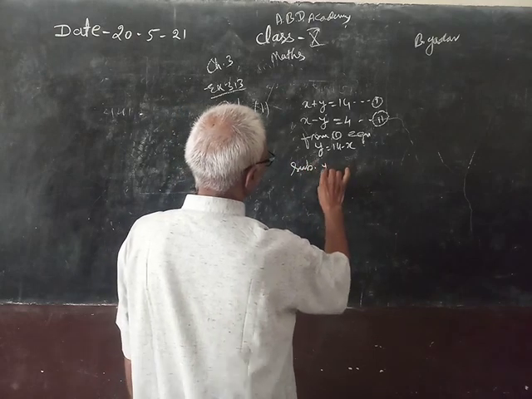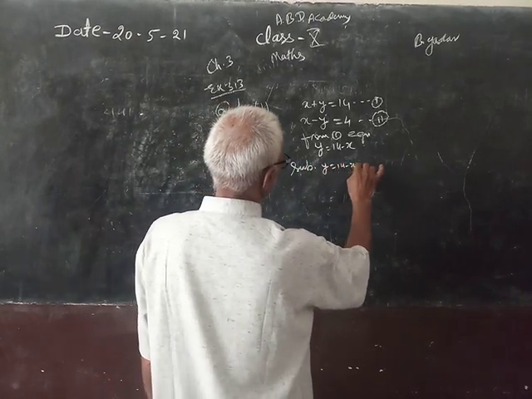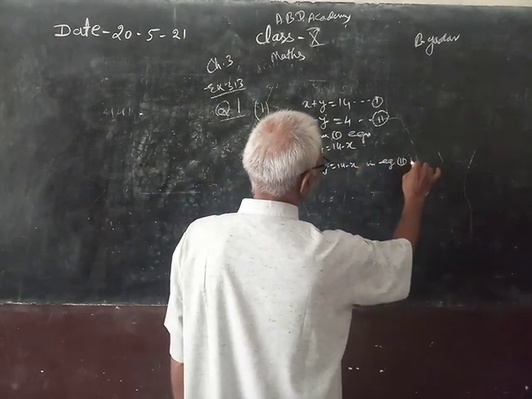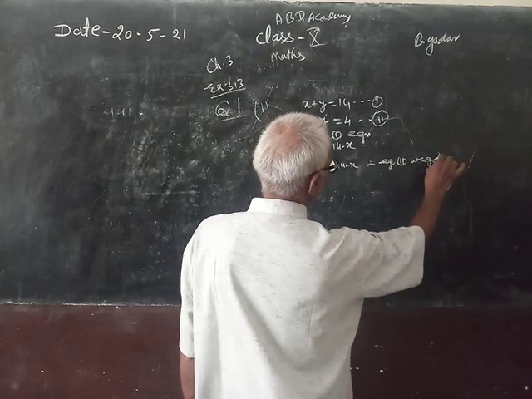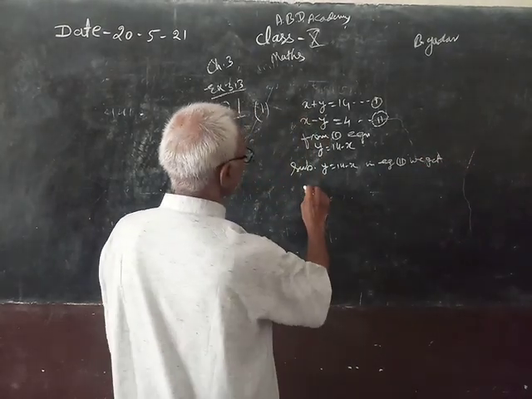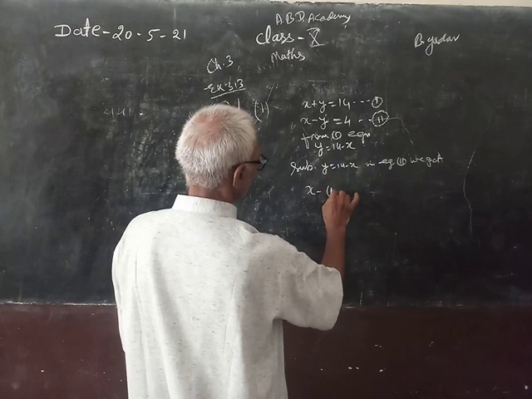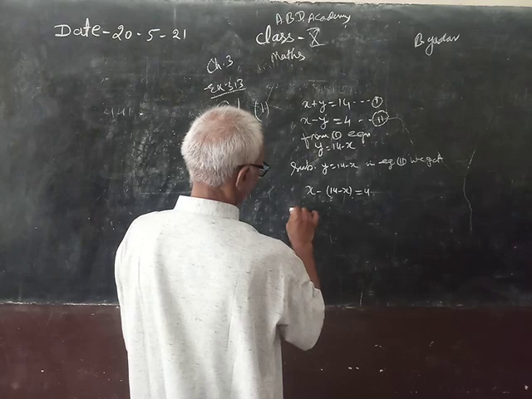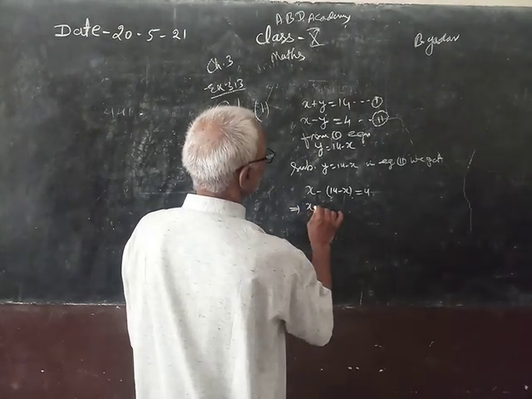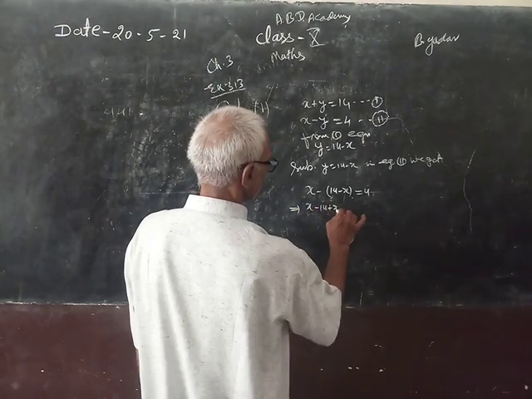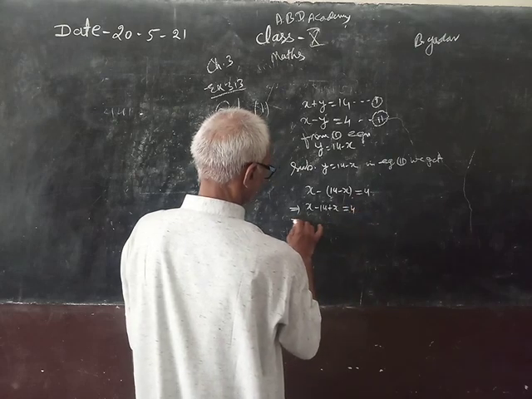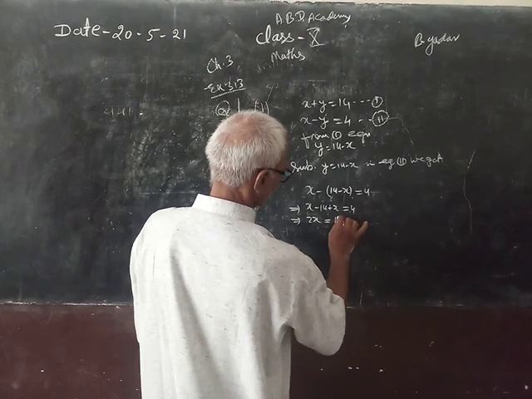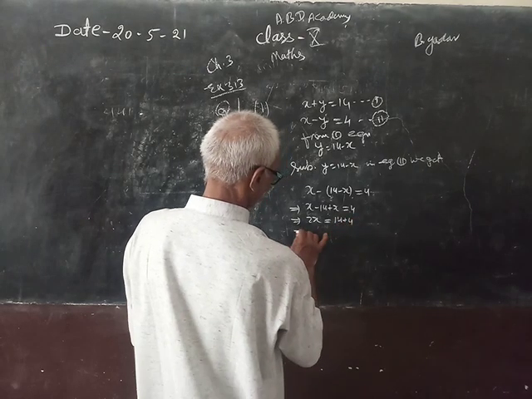Substituting y is equal to 14 minus x in the second equation, we get x minus (14 minus x) is equal to 4, which implies x minus 14 plus x is equal to 4, which implies 2x is equal to 14 plus 4, the 14 will go to the right side and will be positive.